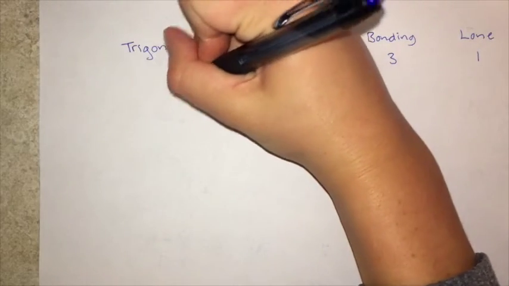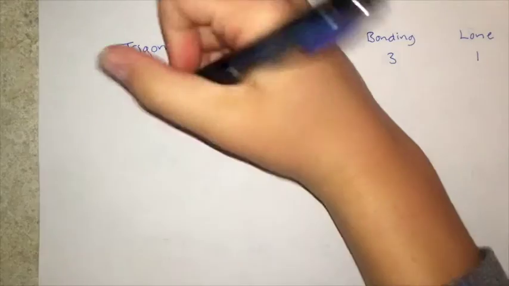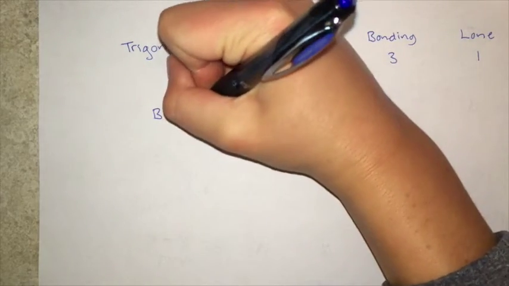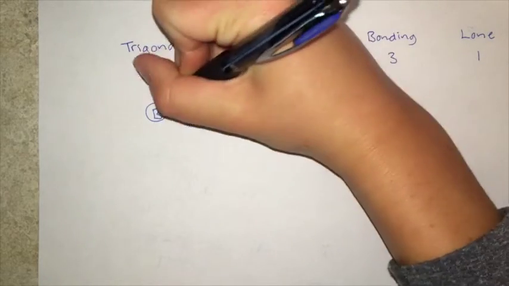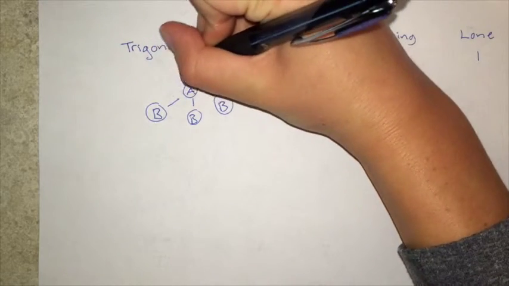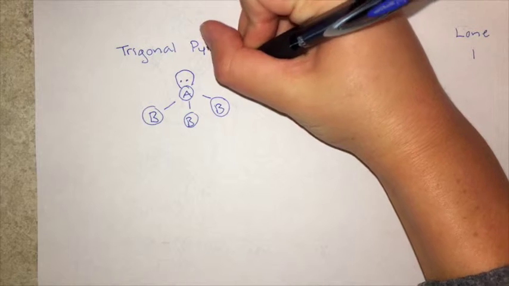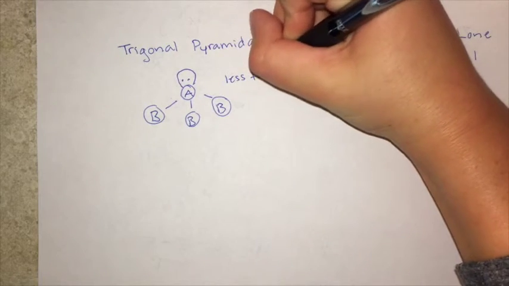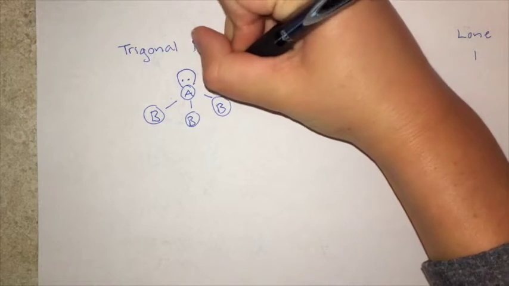So it's going to have the center atom, and then it's going to have 3 outer atoms, 3 bonds. Then it's going to have a lone pair right here. So this is what a trigonal pyramidal molecule looks like. And then the angle is also going to be less than 109.5 degrees as well.